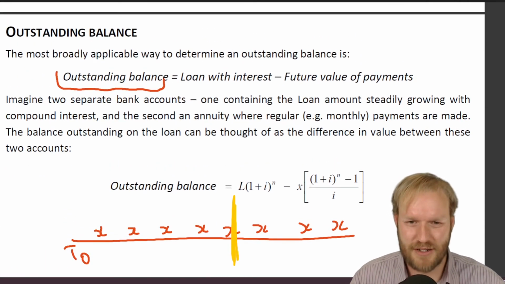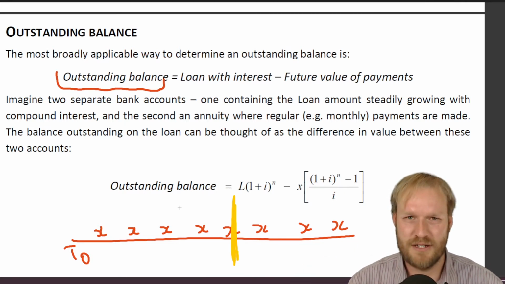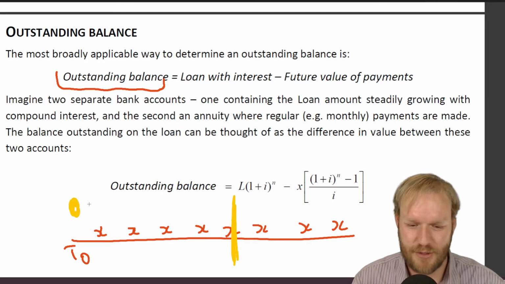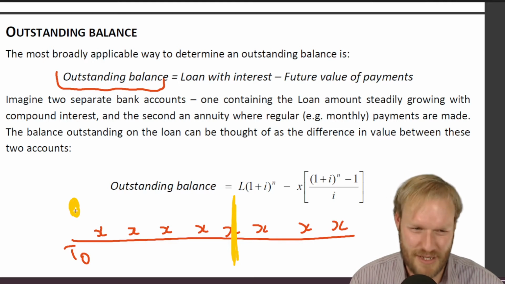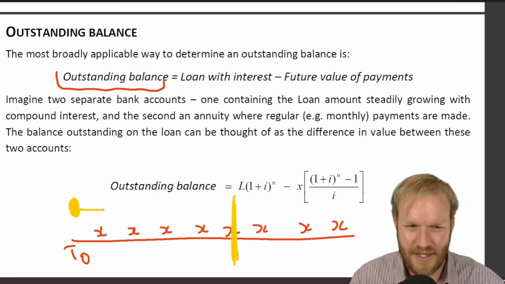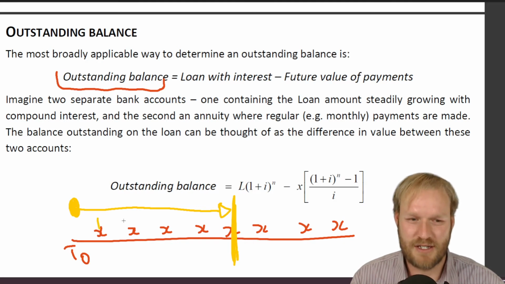So what we need to look at is how much the loan has grown to, and subtract how much we've paid off. The loan started at some point, and I'm purposely not putting numbers in here, but say we're taking out a loan like 100,000 Rand. As we've been going along, there's been interest on that initial amount, but we've been subtracting these payments.